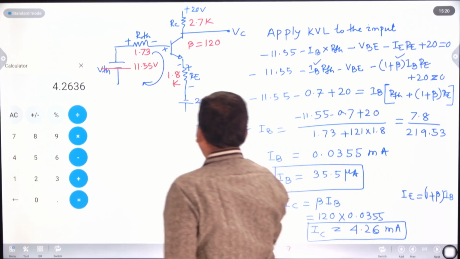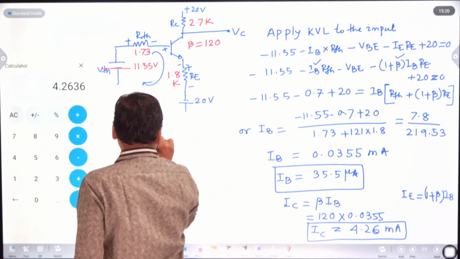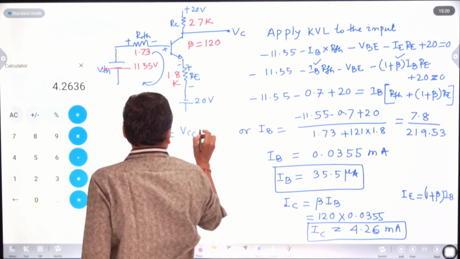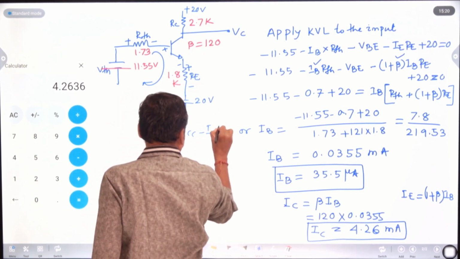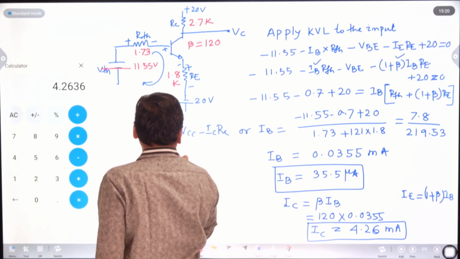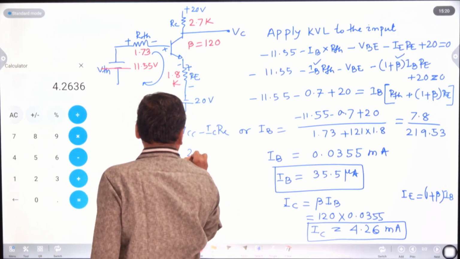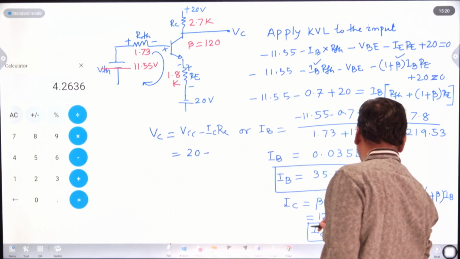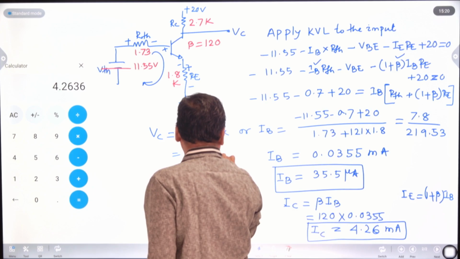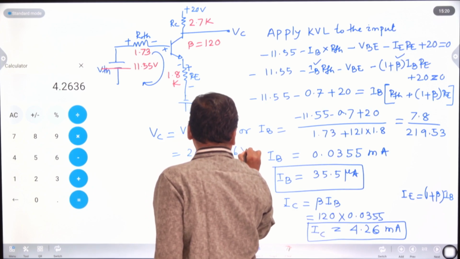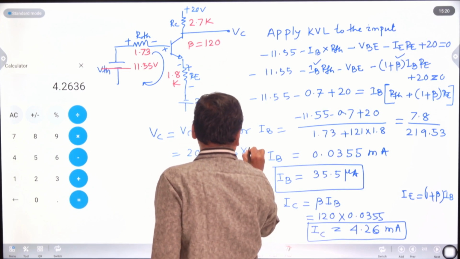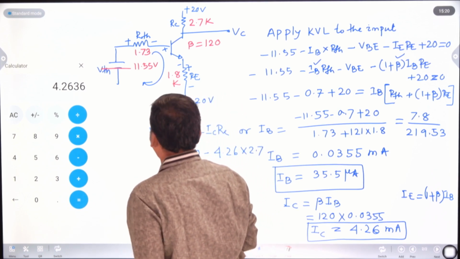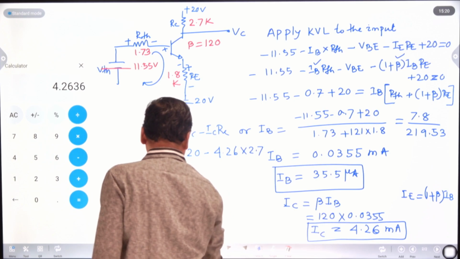So VC, the collector voltage, equals VCC, the total supply voltage, 20, minus ICRC. VCC equals 20 volt, already we have got IC equal to 4.26, minus 4.26 into RC. RC is 2.7. And the value is how much? That is 4.26.